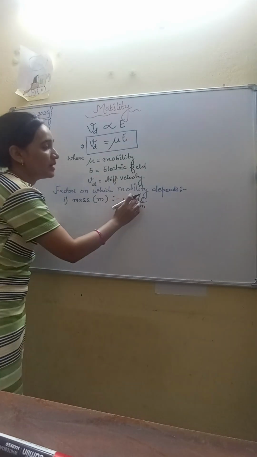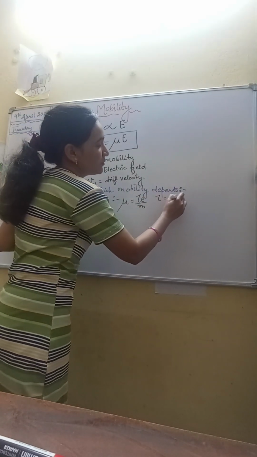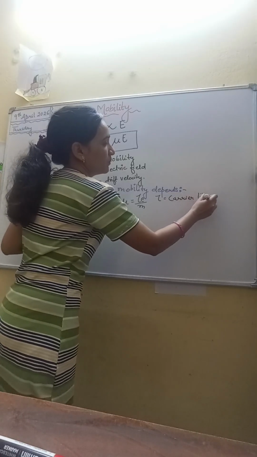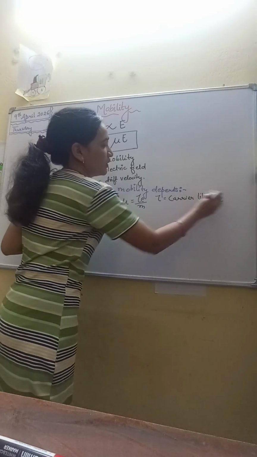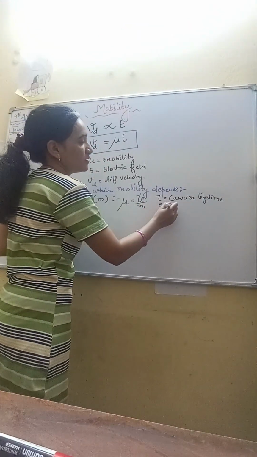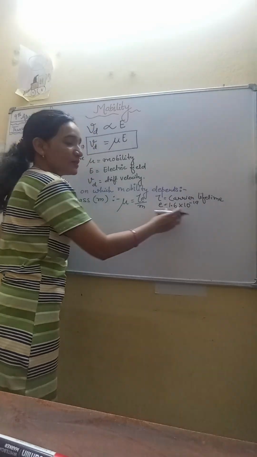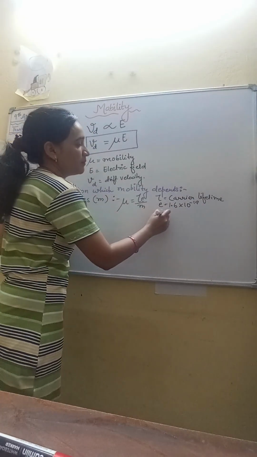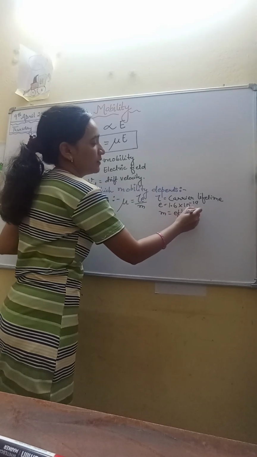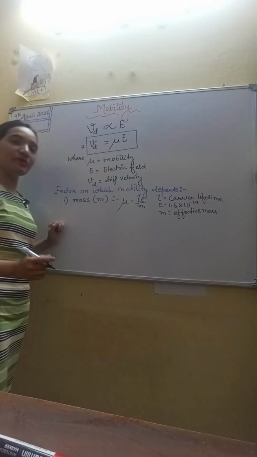Here tau is the carrier lifetime, e is the charge, you can say it is 1.6 into 10 to the power minus 19, that is the value. And m is the effective mass.